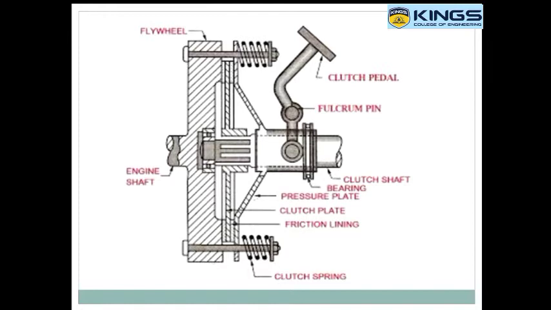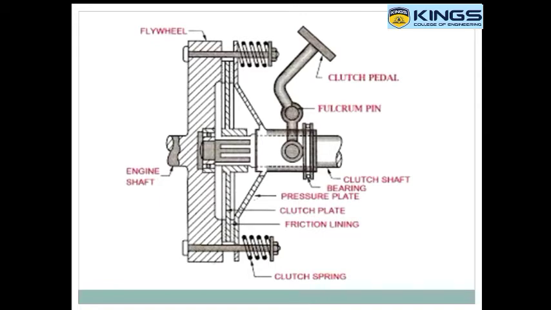So the power is transmitted from the friction plate to the driven shaft. When you apply the clutch pedal, the pressure plate releases this friction plate against the spring force. So the power is not transmitted to the driven shaft. This is the operation of the single plate clutch.